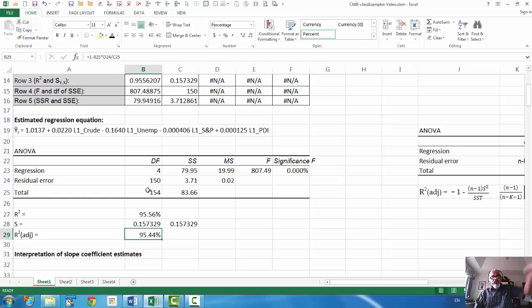As you add more variables, SSE goes down, but the degrees of freedom also go down, because more degrees of freedom move from the 150 over to the regression side. So the numerator, SSE, will go down, but the denominator will also go down. If the reduction in SSE is not compensated for by the reduction in the degrees of freedom in the denominator, your MSE may end up going up.